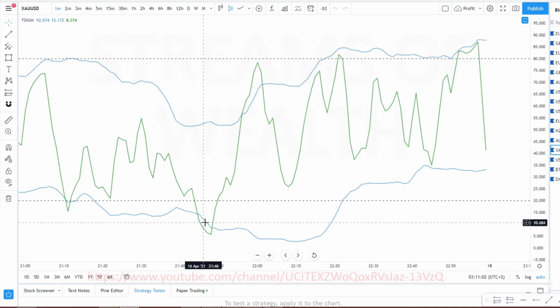This is what we will be waiting for on 1 hour. Now, when we have this setup on 1 hour, we will go on 1 minute. We will wait for the price to be under or above the 50 moving average, and then final step, we will wait for a break of the market structure on 1 minute.